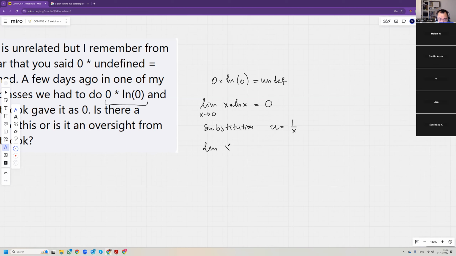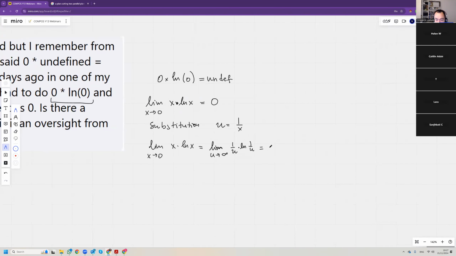So the limit of x times ln x as x tends to 0 is equal to the limit of 1 over u multiplied by ln 1 over u as u tends to infinity.